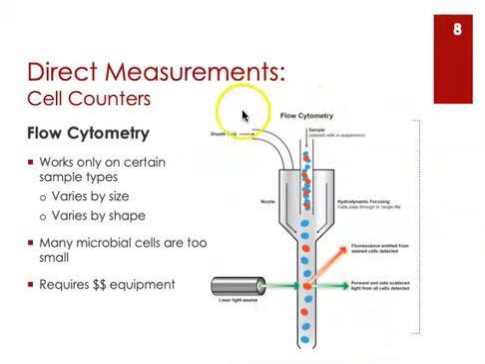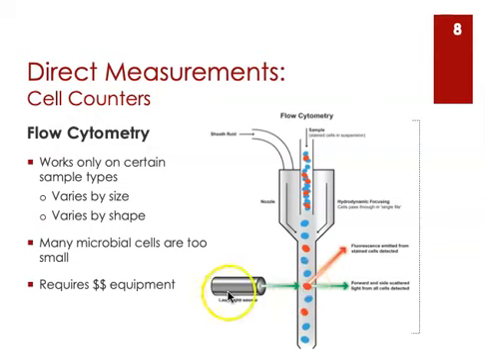These machines have a place where the sample can be added into the machine, and then it has a network of tubes that are going to carry the sample and the cells past a light source. It's a particular type of laser that emits light of a certain wavelength. And this light is going to interact with the sample as it passes by, and it will interact with the cells if they're present in the sample.